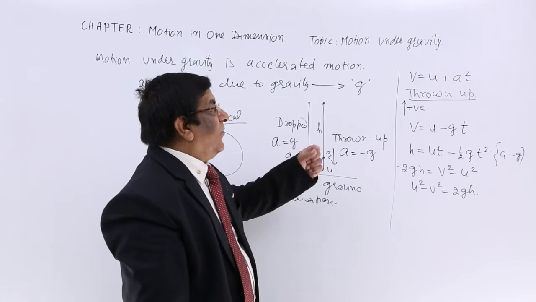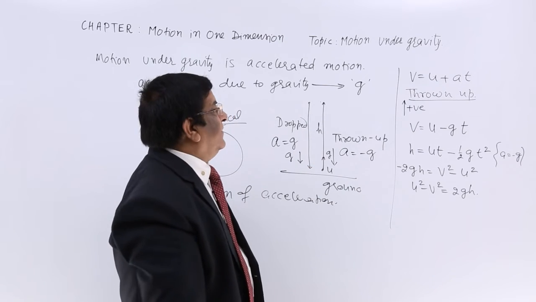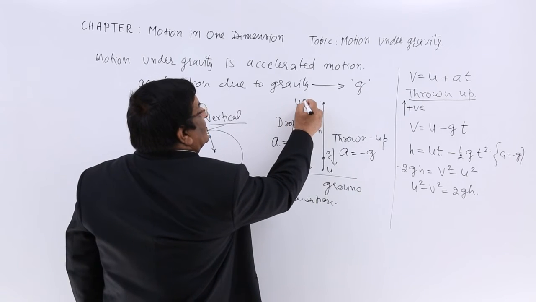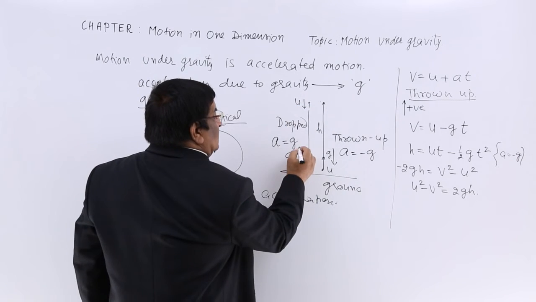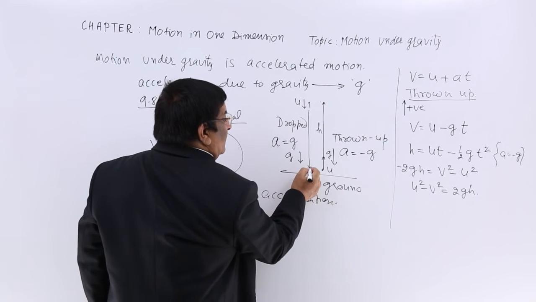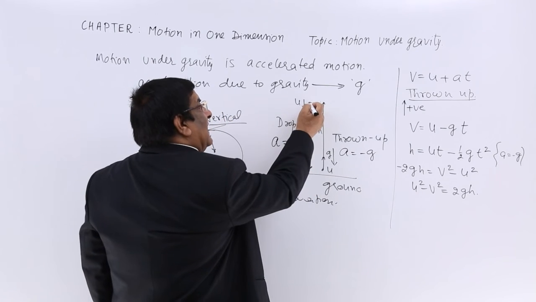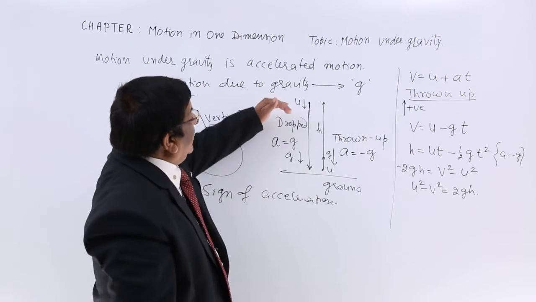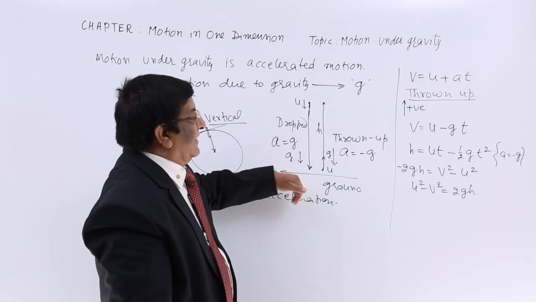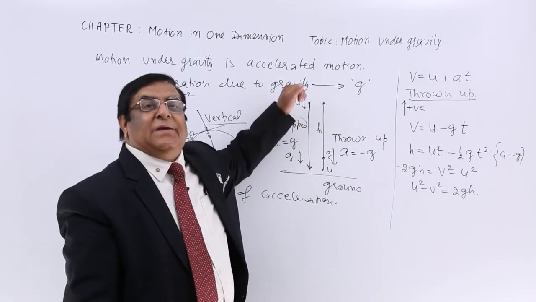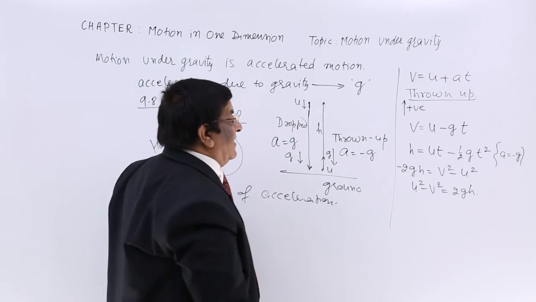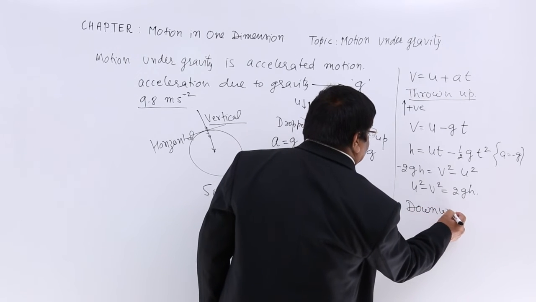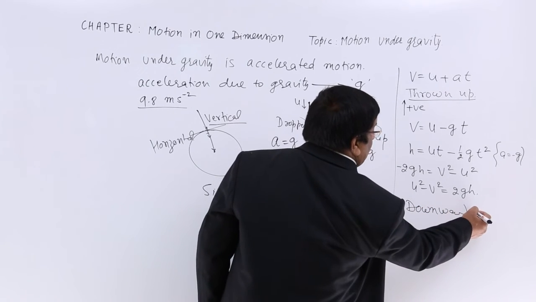Okay, when it falls down, how do we write it? When it falls down, u is in this direction, g is in this direction, v is in this direction, and h, if we measure from here, is in this direction. If we take this direction as positive, then everything will be in the positive direction, and our equations will be for downward motion.